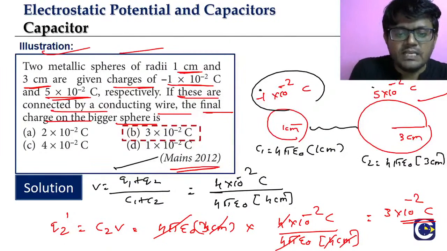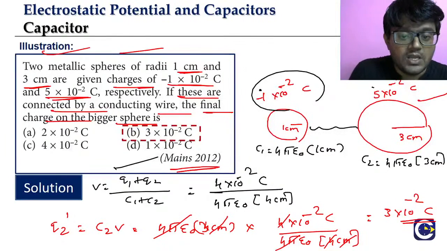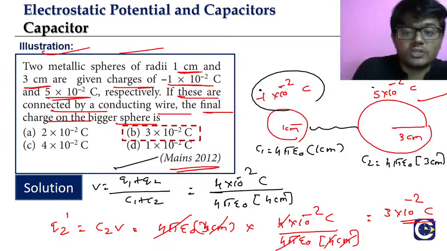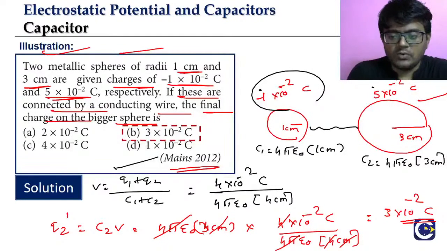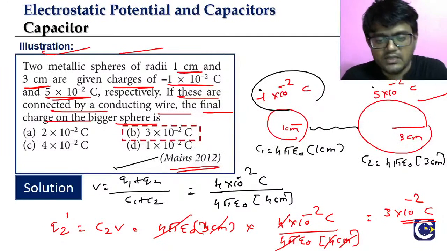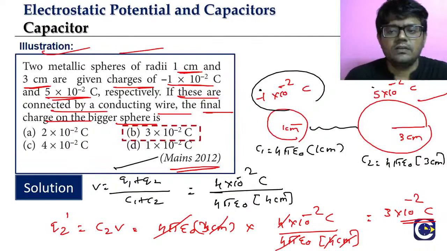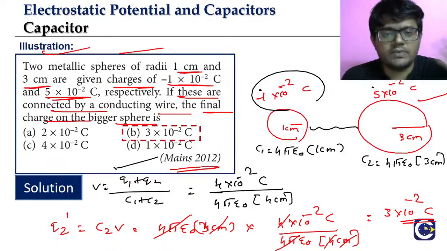They will ask what is the charge ratio on the 2 spheres finally, or what is the charge on the smaller sphere, or what is the charge on the bigger sphere. Okay, so approach எல்லாத்துலயும் ஒரே மாதிரி தான். We will look at what is the final common potential, அங்கல இருந்து we can calculate what is the charge on sphere 1 or sphere 2 based on whatever they are asking.